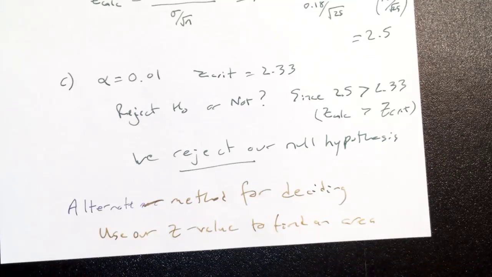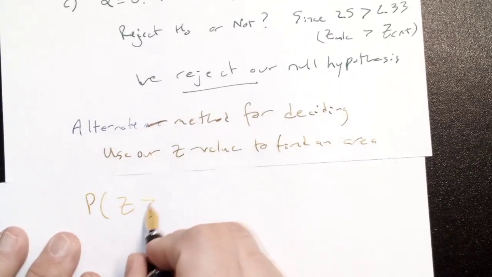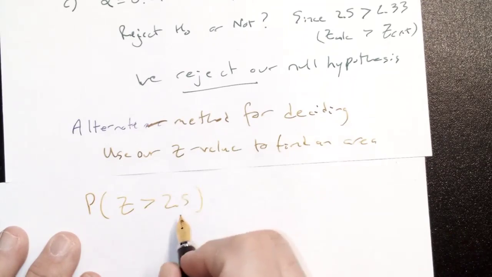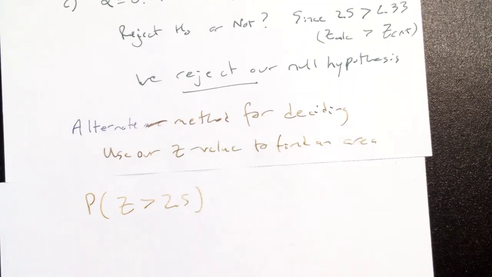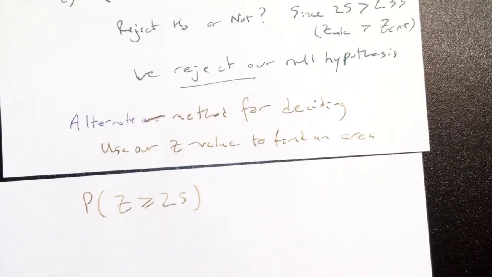And what I'm going to ask you is, what is the probability that Z is bigger than 2.5? What's the chance? Well, bigger than or equal to. What's the chance we got that number?